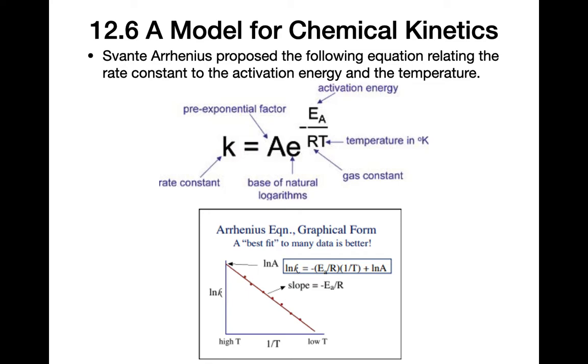Now, in this model, if we get back to a little bit of math here, Svante Arrhenius, back in the 1880s, proposed this equation for the rate constant.